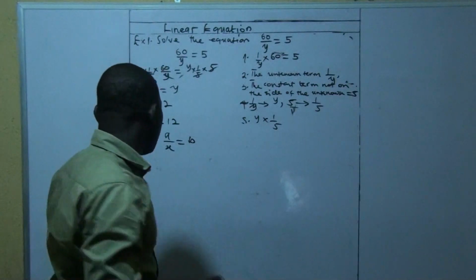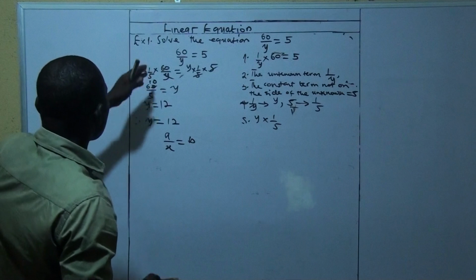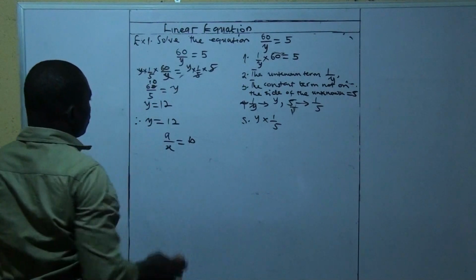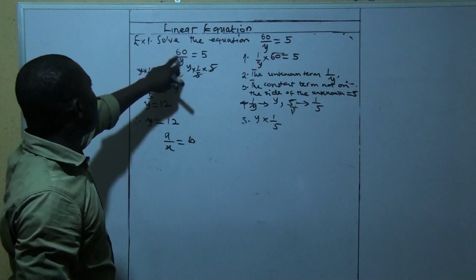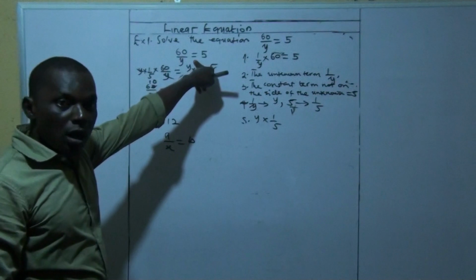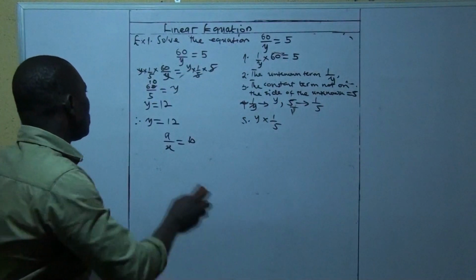So the next one is a linear equation of a different form. If you want to check here, 60 divided by 12 definitely gives us 5. So we are correct. The solution to this equation is 12.